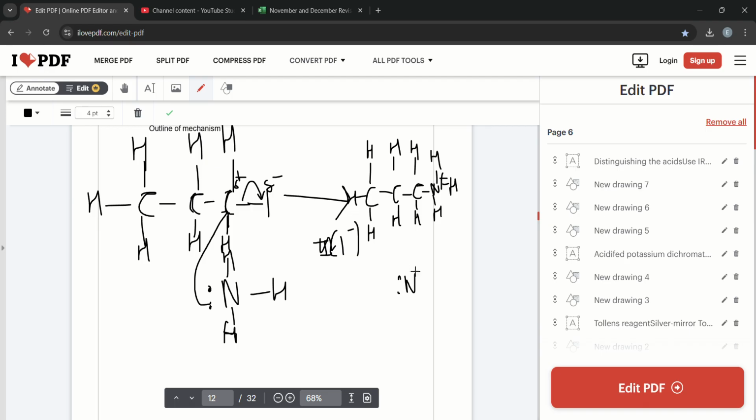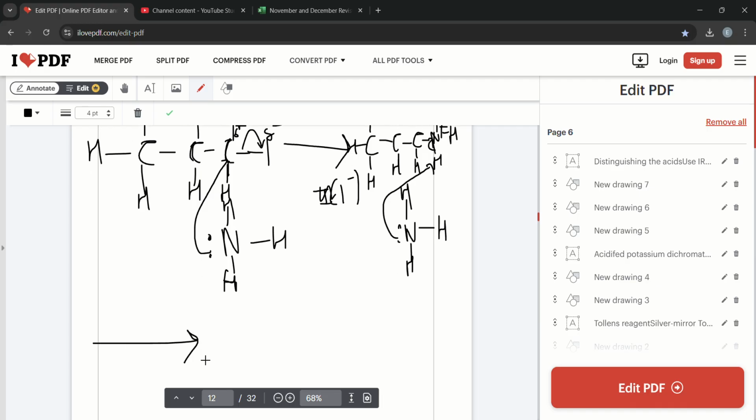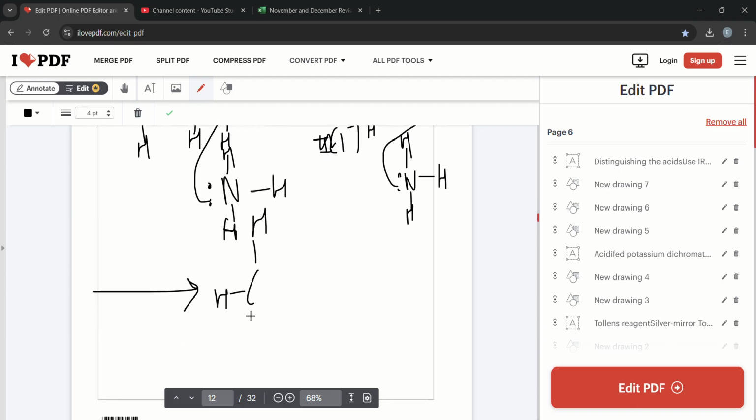Another ammonia molecule is going to act as a base, take a proton, and get rid of the N-H bond to the nitrogen. And then what you form is this.